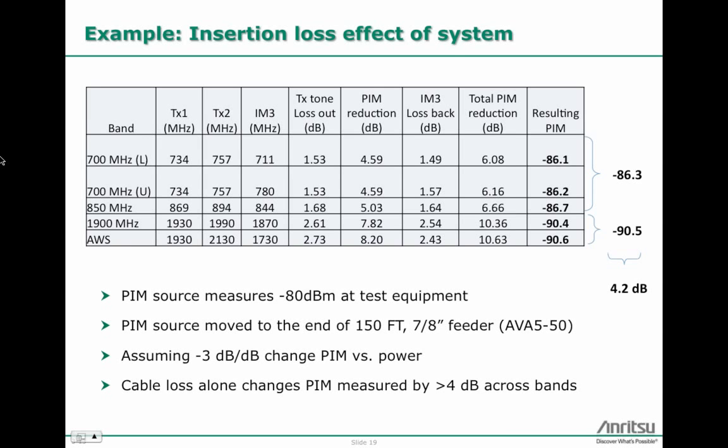So across those 4 test sets alone, and just assuming this 150 foot of cable, there's a 4.5 or 4.2 dB difference in the magnitude caused only by the insertion loss of the system. And you can imagine that if I have a DAS system or something with a much higher insertion loss, that number only increases.